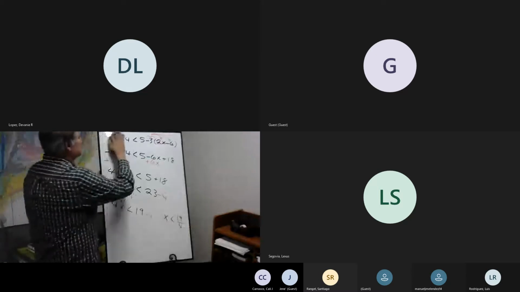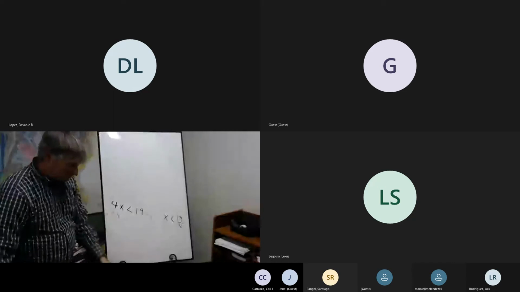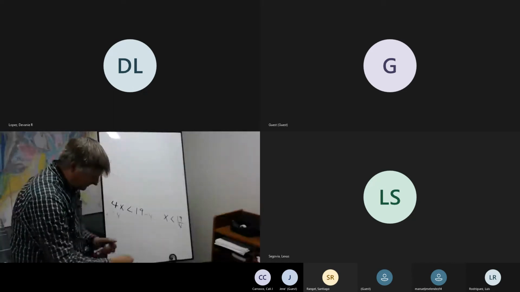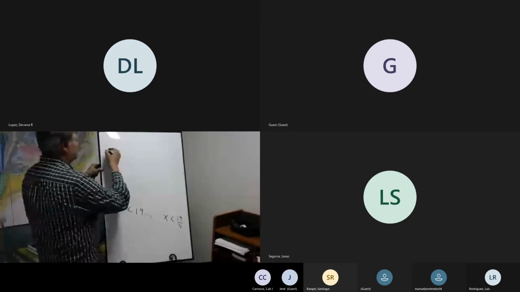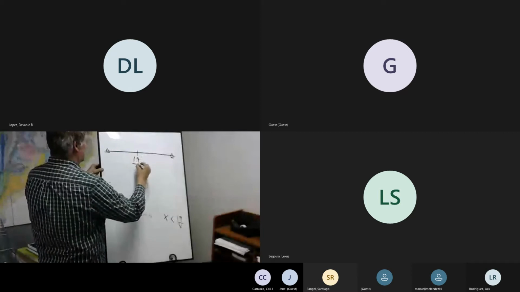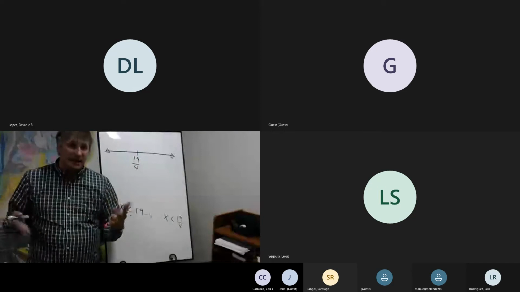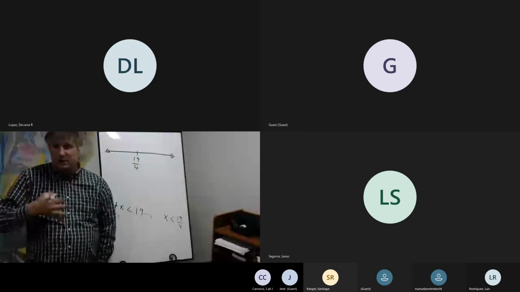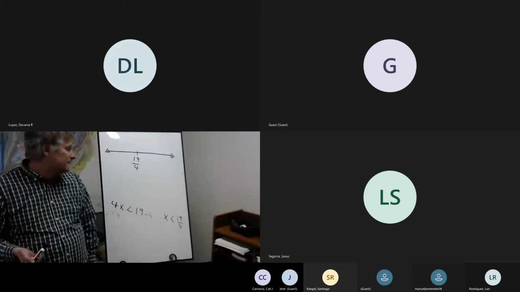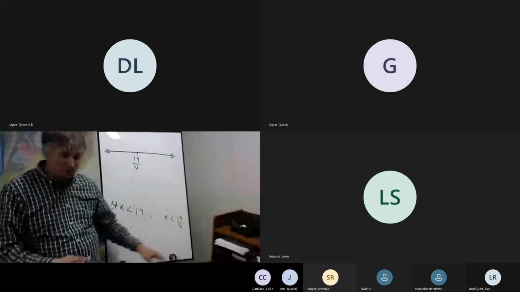So for our answer, if we're going to give it graphically, x represents all the numbers that work. So in this case, x isn't just one unknown number, it's all the possible numbers. It's all the numbers that are going to be smaller than 19/4.